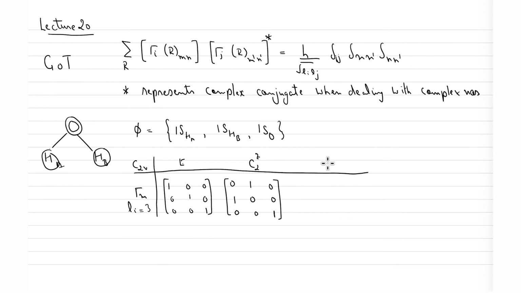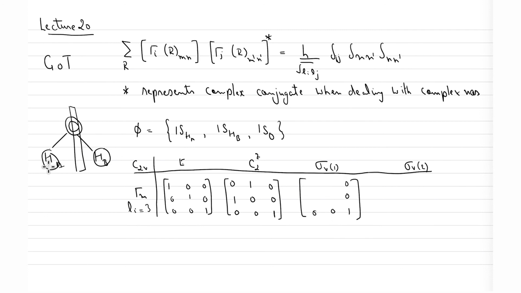Now for sigma xy, or in this case we can call it sigma v1, and then we have sigma v2. Let's see what sigma v1 is. Let's say sigma v1 is the one which is perpendicular to the plane. Again, under sigma v1 the oxygen 1s orbital will remain as it is, so it will be 1.